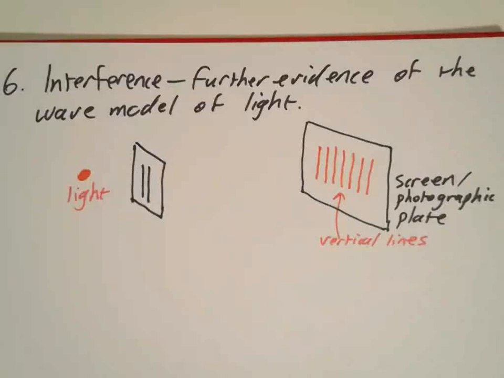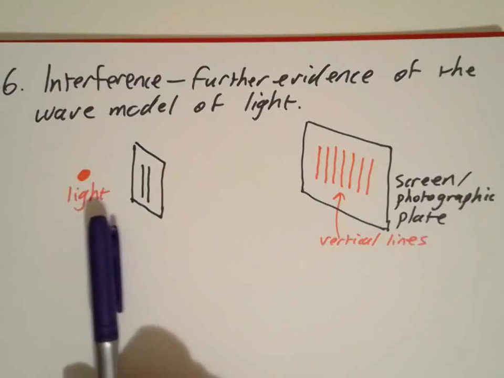Welcome to number 6 on interference, further evidence of the wave model of light. What I've pre-drawn is a very crude version of Young's famous experiment where there is a light, and he did this in the dark because at the time there was no good way to have a light-proof area.